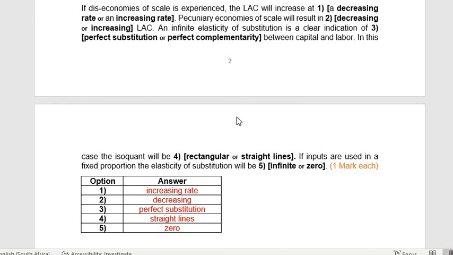And in this case, the isoquant will be straight lines. And if inputs are used in a fixed proportion, the elasticity of substitution will be 0. And again, with things like this, you just need to brush up on your theory and understanding. You need to go through your theory properly. There's no shortcuts to answering the questions that are here.